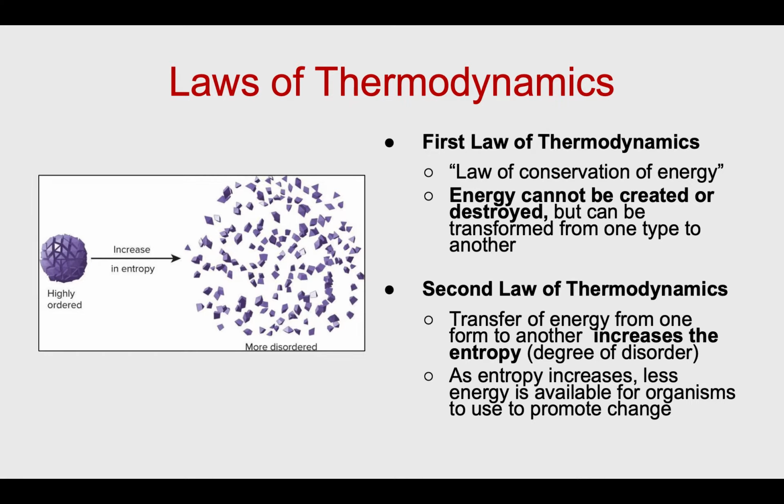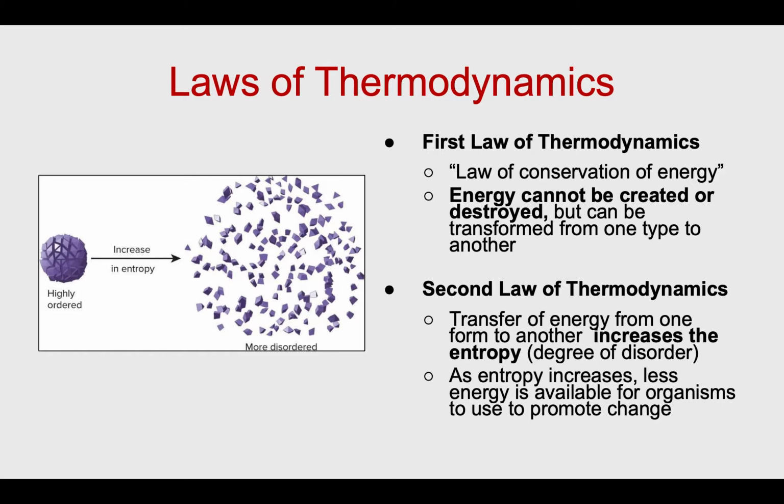All right, so everybody at some point has probably learned about the laws of thermodynamics, most prominent in physics and chemistry, but it also applies when we talk about energy and biology. First law of thermodynamics, it's one we hear often: energy cannot be created or destroyed, right? It can only be transformed from one type into another.